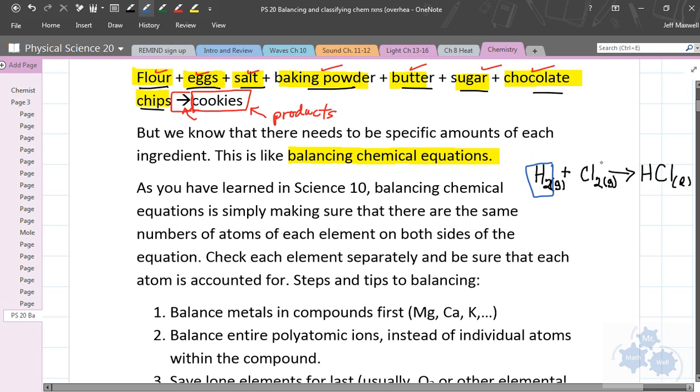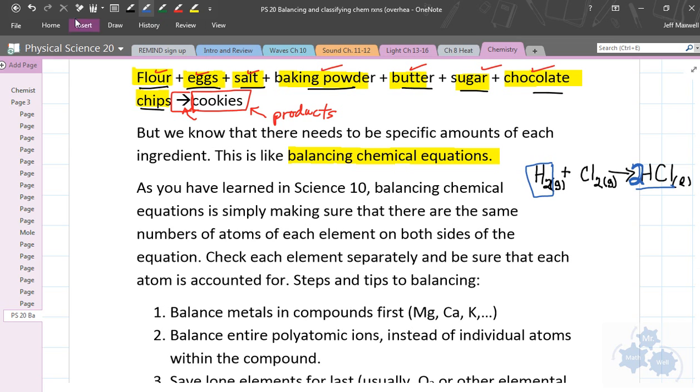In order to balance those, we would need to use coefficients, not subscripts. In this case, I have 2 here, so I'm going to need 2 of these things to make my 2 hydrogens. See? Now I have 2 hydrogens on this side. And I also have what? Now, 2 chlorines. And that makes sense over here. I actually have 2 chlorines. So this right now is balanced.